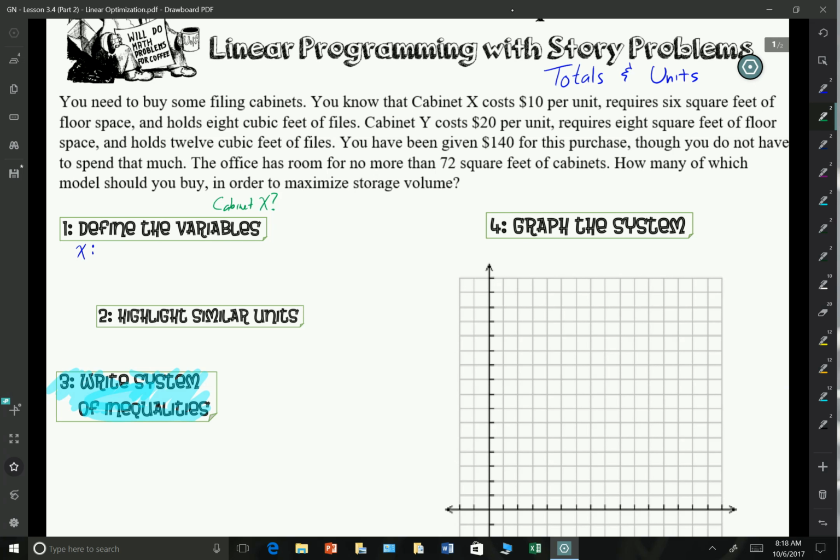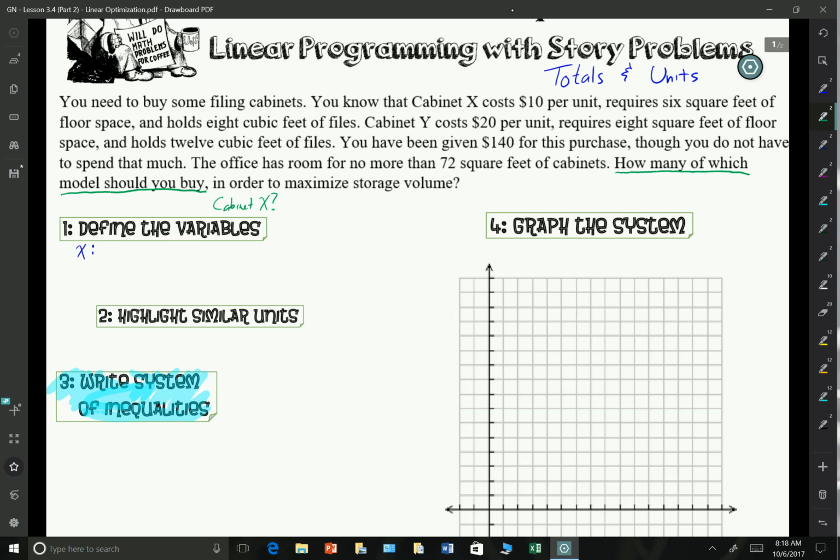What? It's not 10x. It's something with cabinet X. You'll see people who are saying 10x and stuff like that, you're going to see that pop up. But the part of the paragraph that tells you how to define the variables is the last sentence. It's the actual question. How many of which model should you buy?